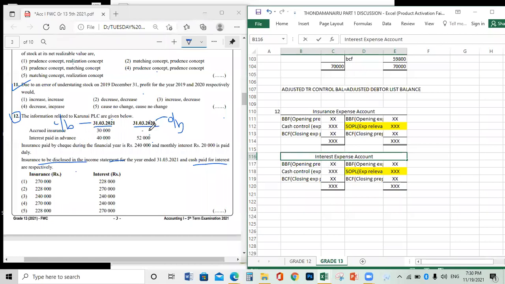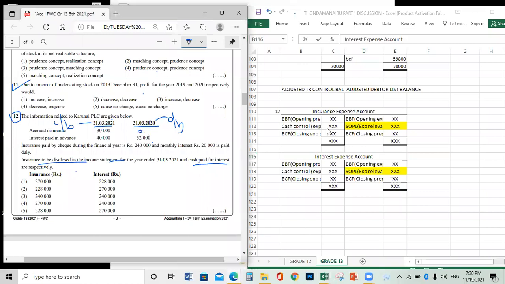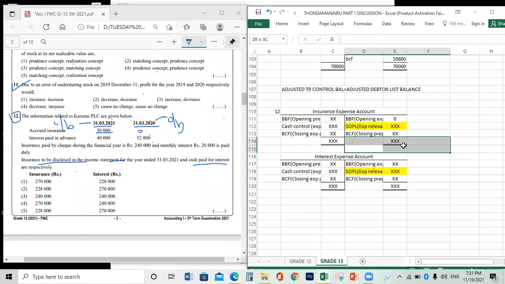They say at the starting date, accrued insurance is 0. Accrued insurance is a liability. Opening accrued insurance is 0, but the closing accrued insurance is 30,000. Accrued is a liability, so the balance brought forward should come on the credit side.